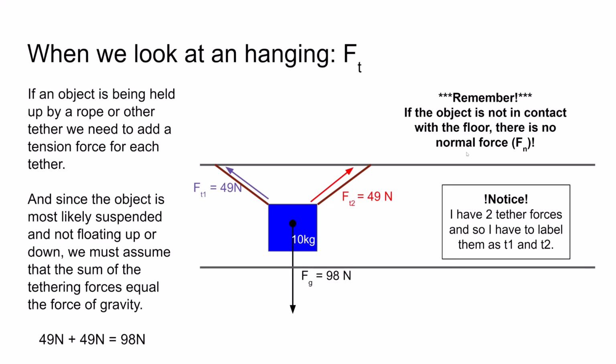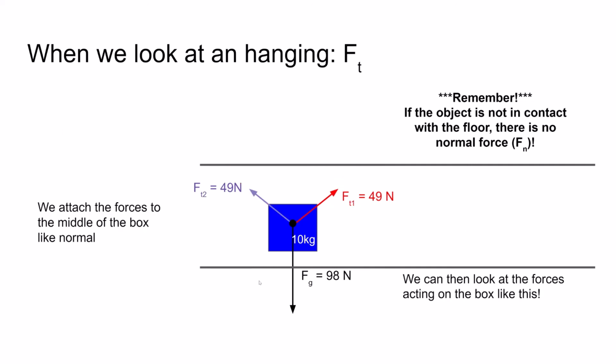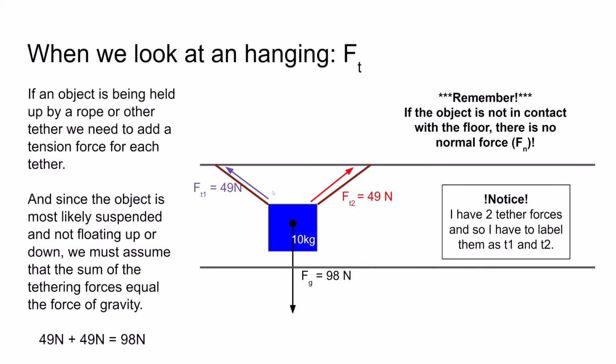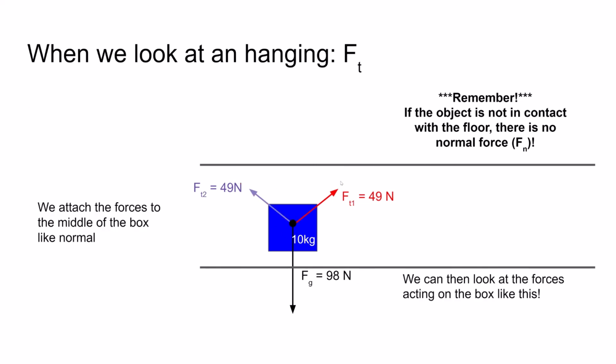So there is no normal force in this case; we just have F of g pulling our object down, and we have our two tension forces holding it up. Make sense? We would attach these forces to the center of the box like we always would, and this is what it would look like as a complete free body diagram. So this is what it would look like if we had the tension forces.